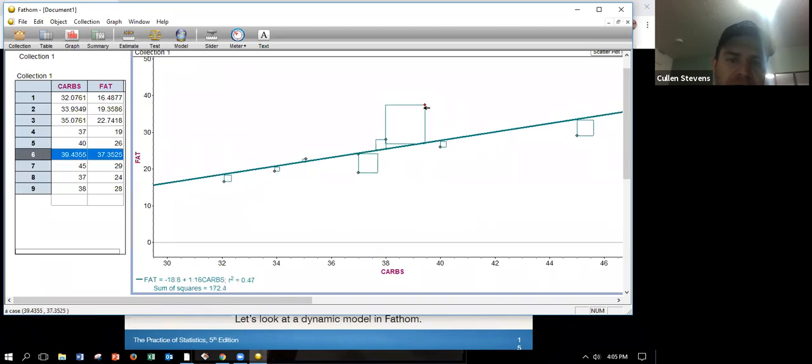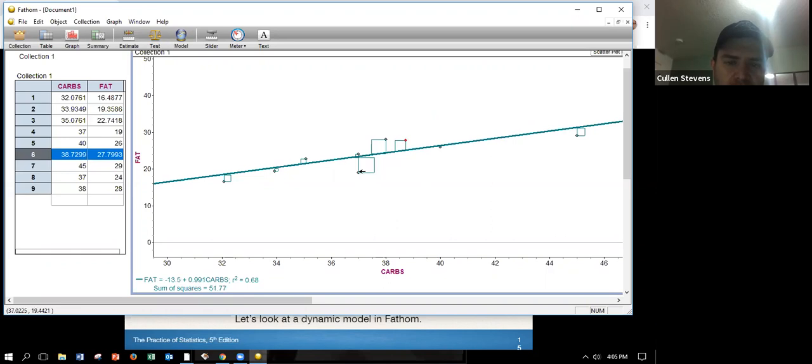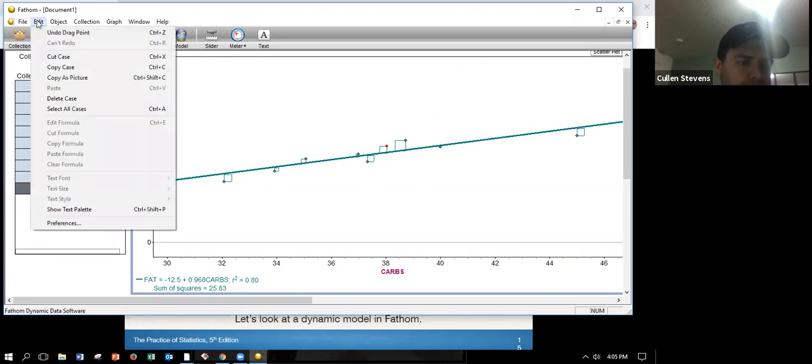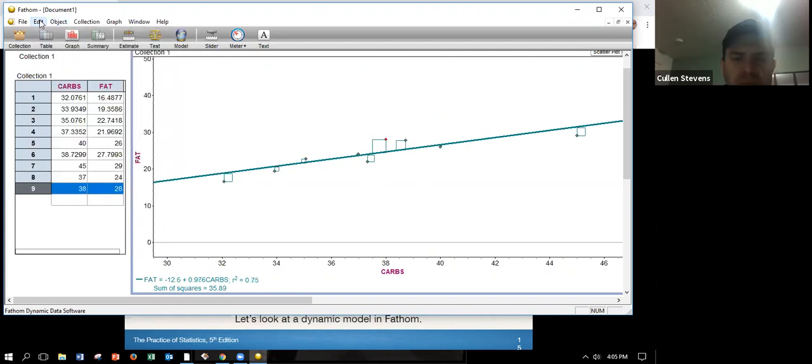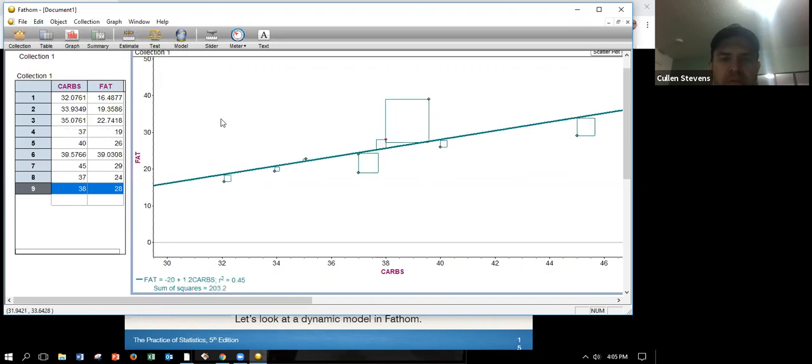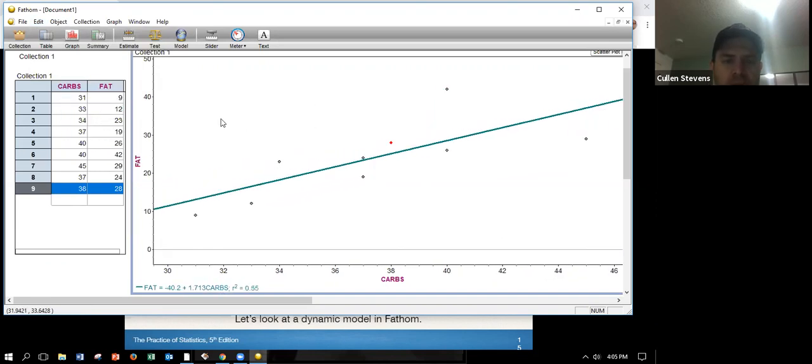If I take these points and get them closer to making a straight line, then the residuals are going to be really small. But if I go back to the original data, and the points start to get further and further away, the line still tries its very best to model that.